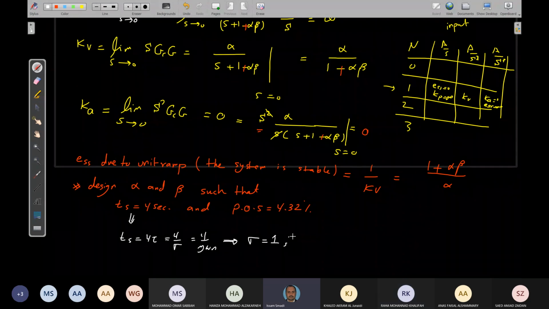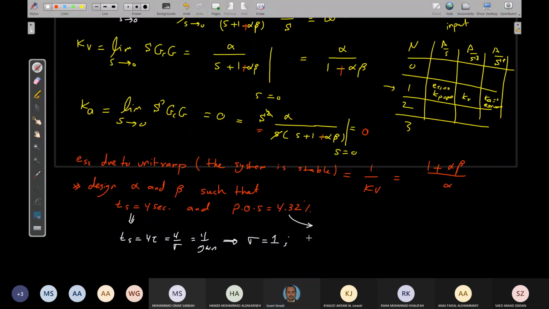And from the percent overshoot, what can I get? We know that the percent overshoot is equal to exponential of minus zeta pi over square root of 1 minus zeta square, correct? So from here I can get zeta.